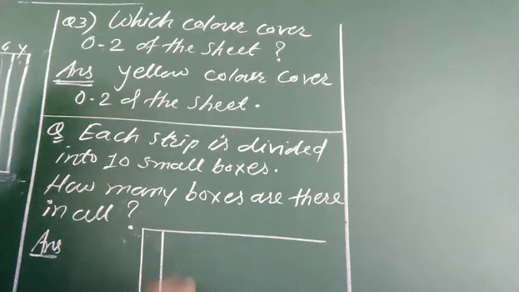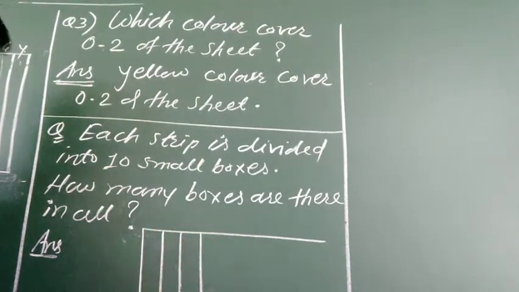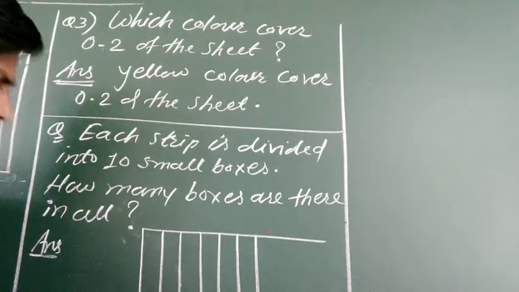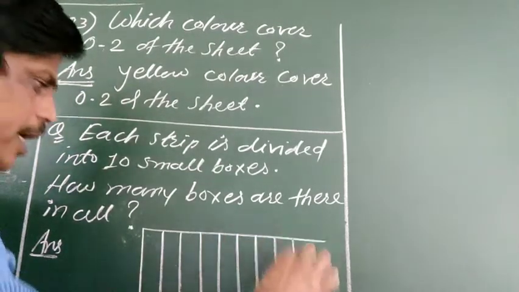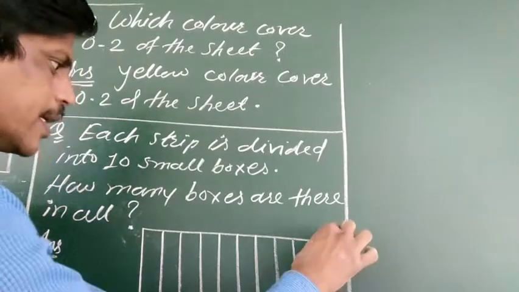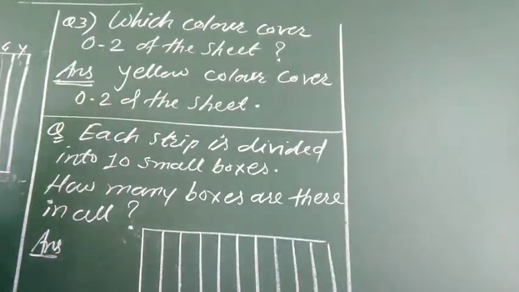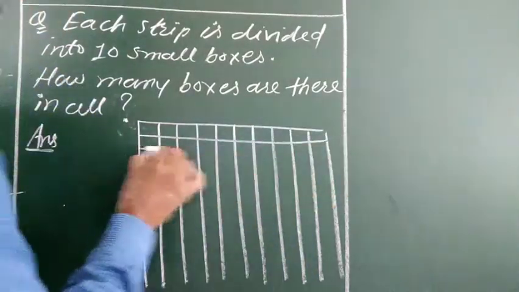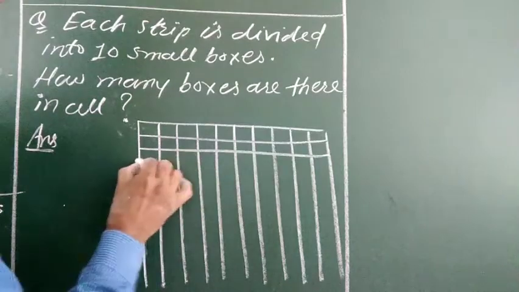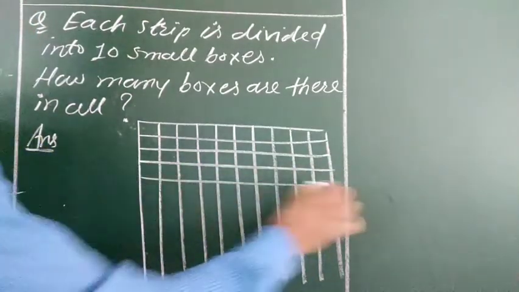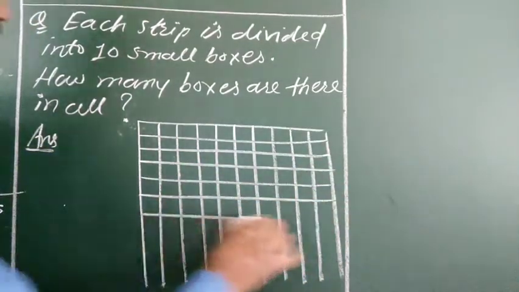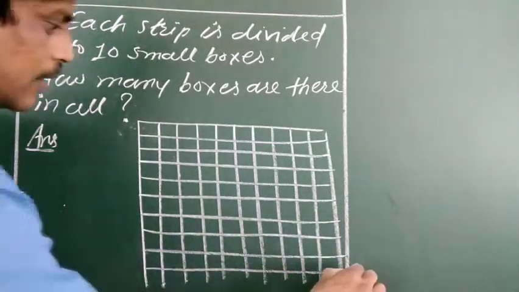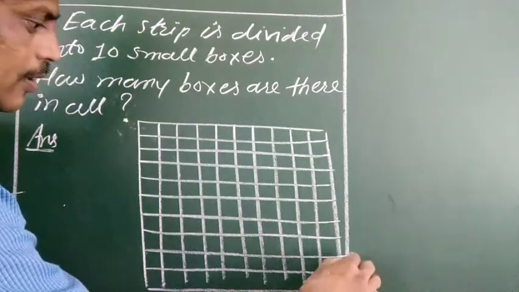This is one strip, two strips, three strips, four strips, five strips, six strips, seven strips, eight strips, nine strips, it is 10 strips. Okay, like this it is 10 strips. Then see it is 1, 2, 3, 4, 5, 6, 7, 8, 9 and 10.